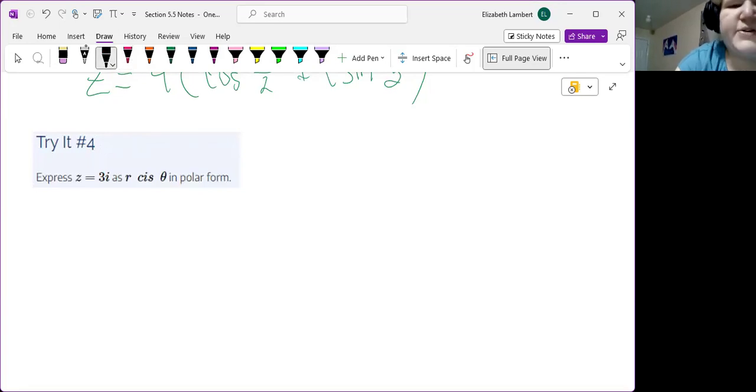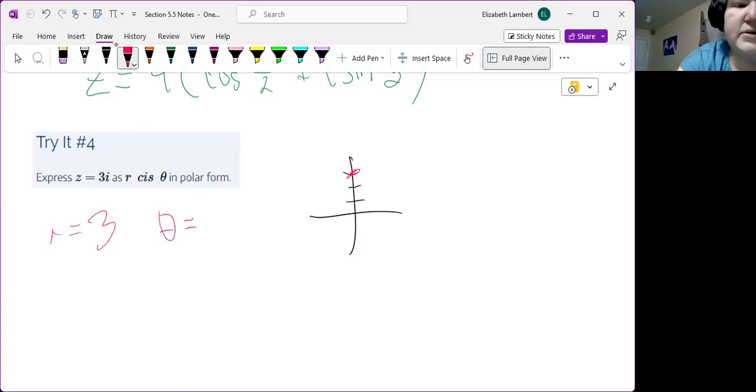This is rather silly to do right after 4i. So r is 3, and theta is still pi over 2. But now we would say z equals 3 cis pi over 2.